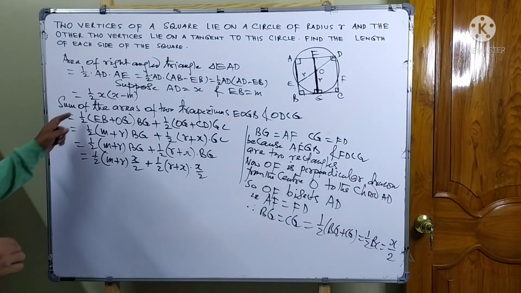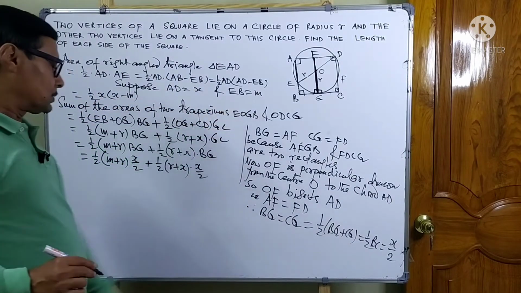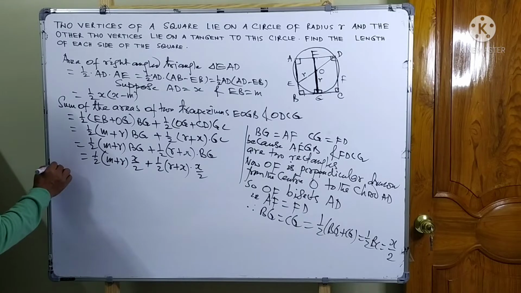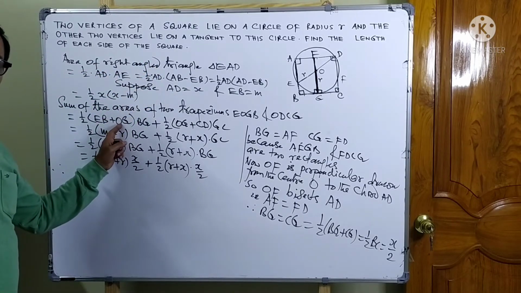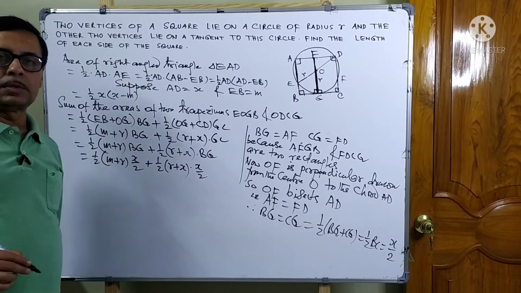This is the sum of the areas of the trapeziums. So, we can write the sum of the areas of the right angle triangle and two trapeziums is equal to the area of the entire square.